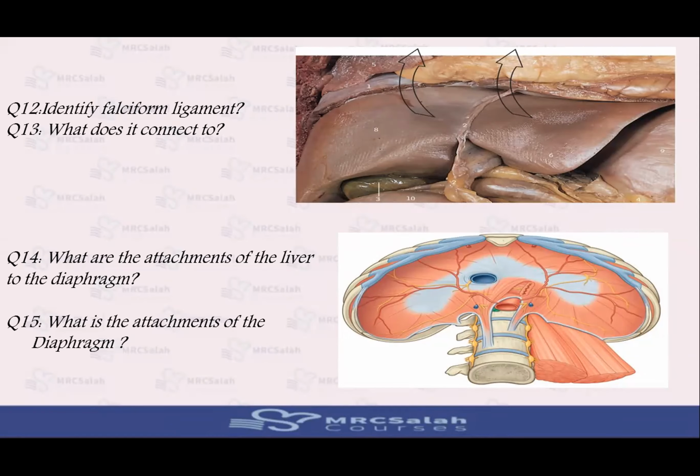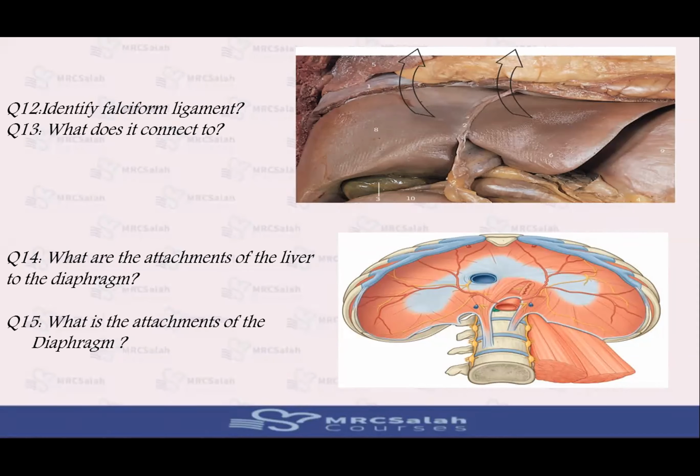Okay, Dr. Widad, do you know? Yes, the right crus of the diaphragm is attached to L1, L2, and L3. The left crus to L1 and L2. And the medial arcuate ligament is between the two crura of the diaphragm, extending from the body of L2 to the transverse process of L1.